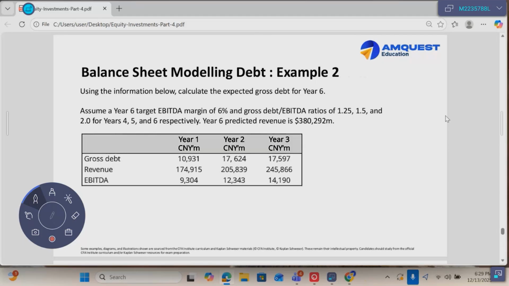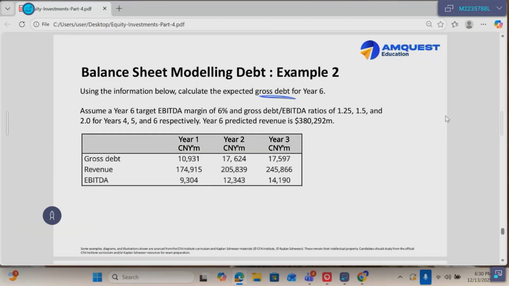Now in this question, they are asking us how much we have to predict. So let's say assume year 6 target EBITDA margin is 6%, gross debt by EBITDA ratio of 1.25, 1.5, and 2. It was for year 4, 5, and 6. Year 6 predicted revenue is 380,092. We have to calculate expected gross debt. Okay.